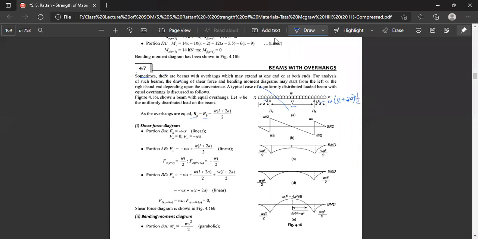So RA and RB both will be equal to W into L plus 2A divided by 2.